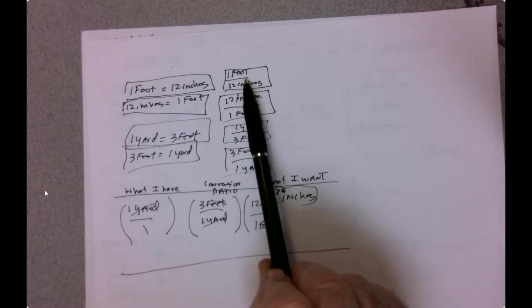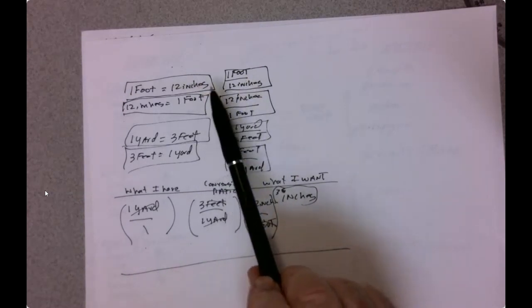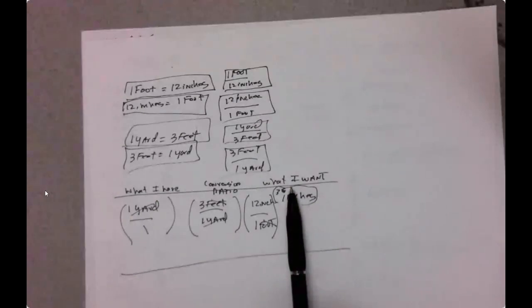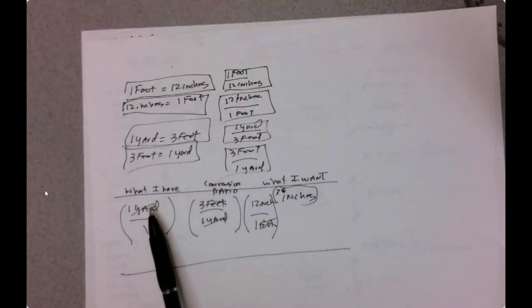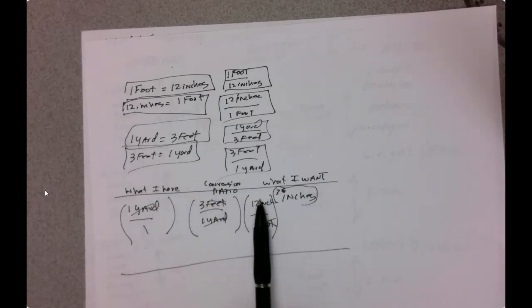So you want to be able to construct ratios out of these conversion factors. The idea was, what if you had a yard and you wanted to convert it to inches? You would use 2 conversion factors. You would say, first, let's convert a yard to 3 feet, and then let's convert the feet to inches.